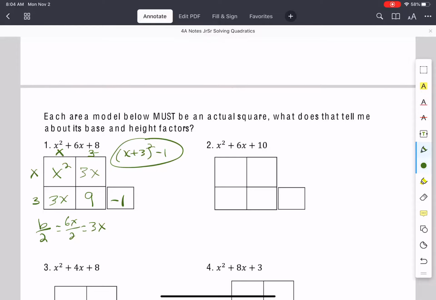Okay, step 1. I put in my x squared. Okay, then take my b. What's my b? 6, and I cut it in half. Now, I cut it in half, remember, because I need this to be a square, right? I need it to be a square, so I'm always going to cut it in half. Okay, so what's 6 over 2? 3.